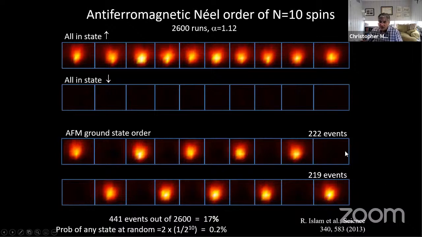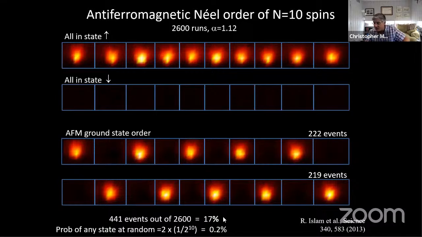These two are pretty random. Why are they popping up all the time? Well, they're the ground state. But at the same time, it's disappointing. 17%, we weren't very adiabatic here. The reason is we had finite time to do our ramp, and we had laser noise inducing decoherence, and we weren't adiabatic.